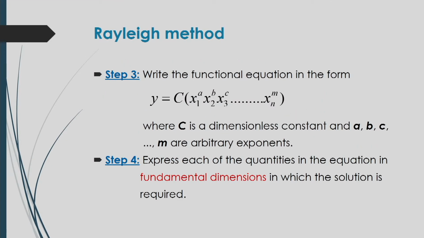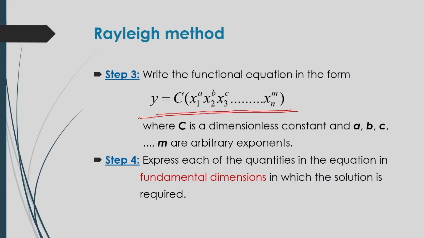After that, write the functional equation in this form: y is equal to C x1 to the power a, x2 to the power b, x3 to the power c and dot dot dot xn to the power m. In this case you are making a certain relationship between those independent and dependent variables.